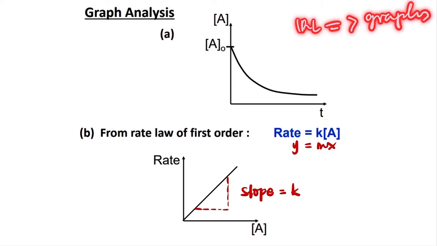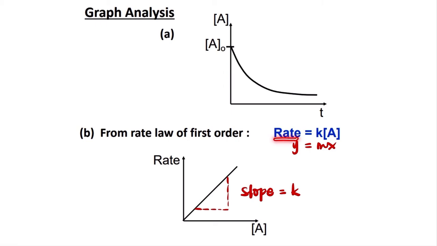Okay, so using your rate law of first order, where rate is equal to K concentration of A, this one will be Y equals to mx. So what is your Y? It is rate, and your X will be concentration, while your slope will be your rate constant. So untuk cari your rate constant, you just have to find the gradient lah.